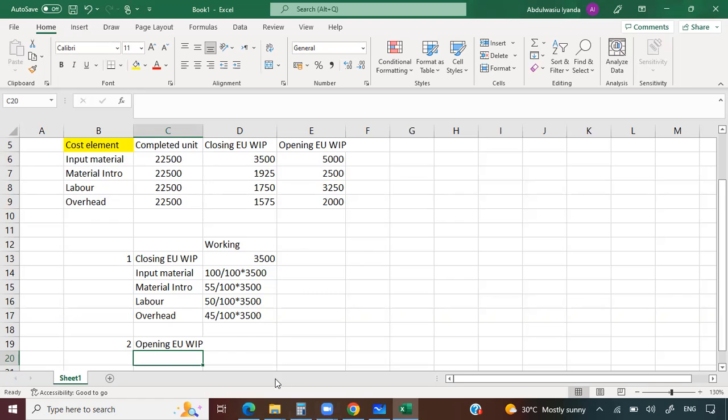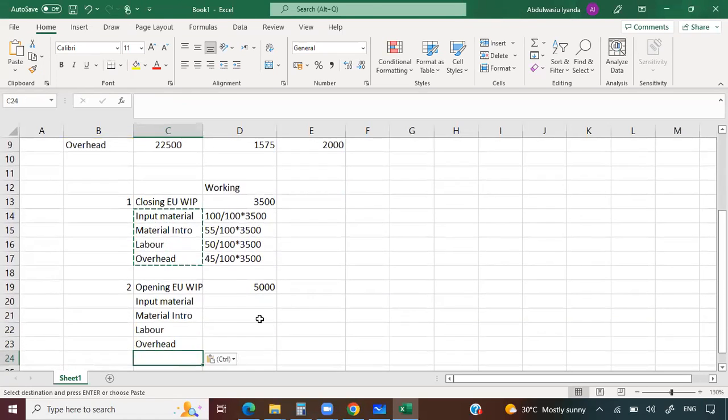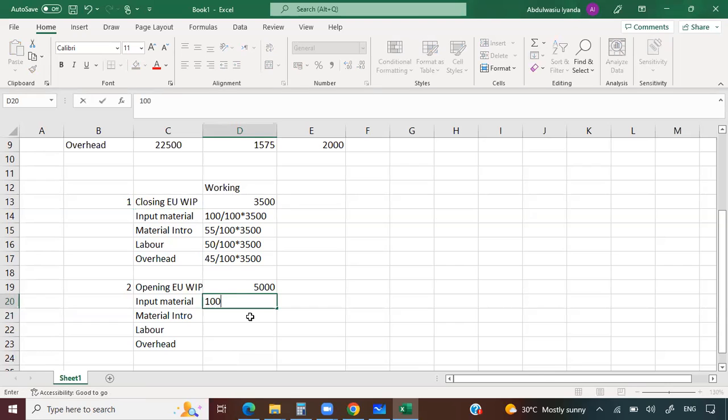So the opening now, we started with 5,000. Then these are the components as well. This one is 100 divided by 100, multiplied by 5,000.